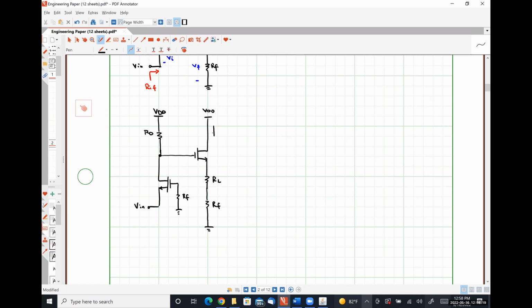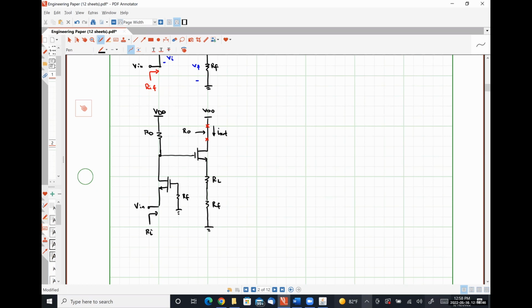Here's our output current, where we're going to measure RO. Here's where we're going to determine RI.